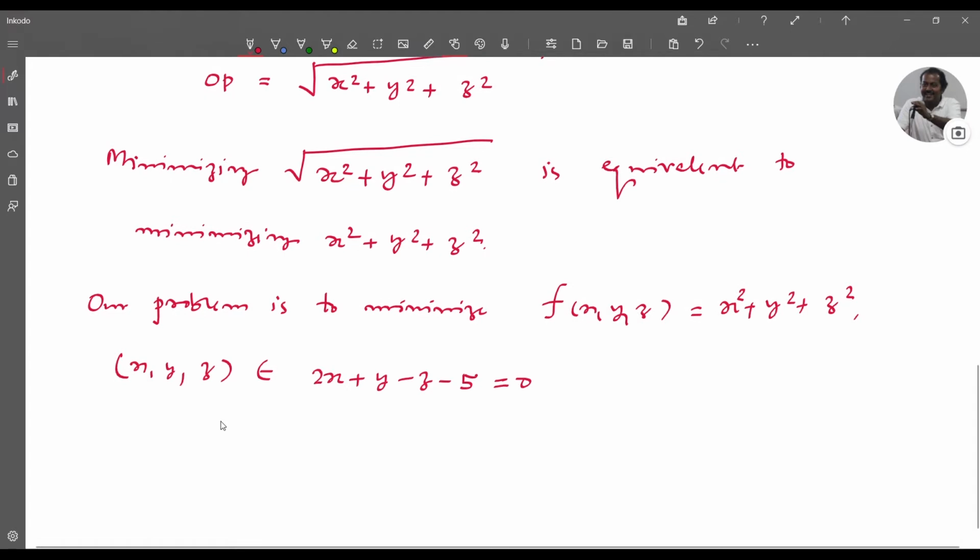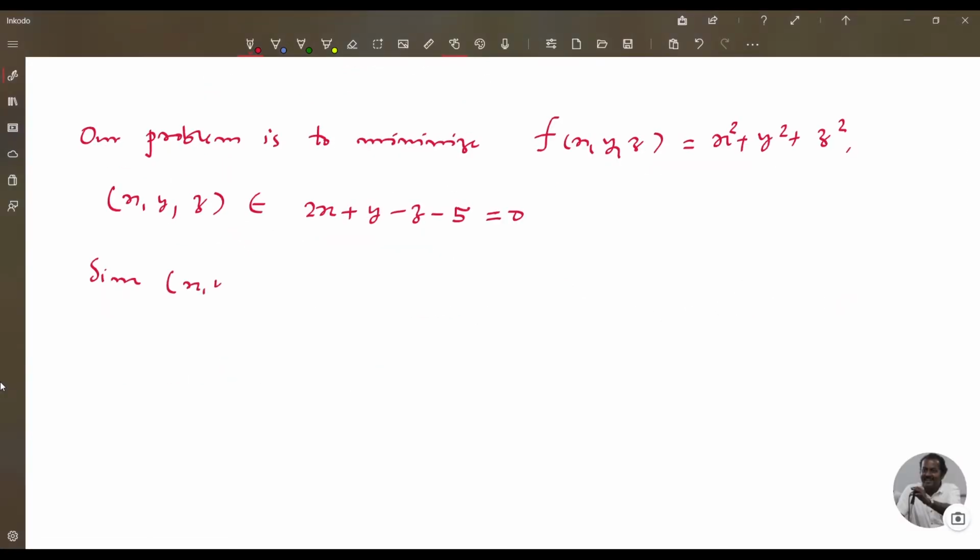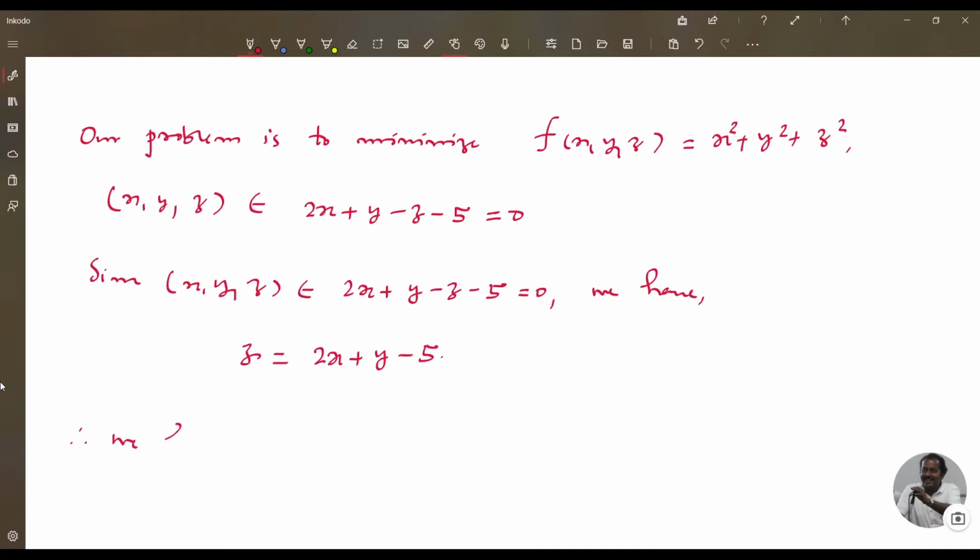Now since (x, y, z) belongs to the plane 2x plus y minus z minus 5 equal to 0, we have z equal to 2x plus y minus 5. Therefore, we have to minimize h(x, y), that is equal to f(x, y, z) with z equal to 2x plus y minus 5.